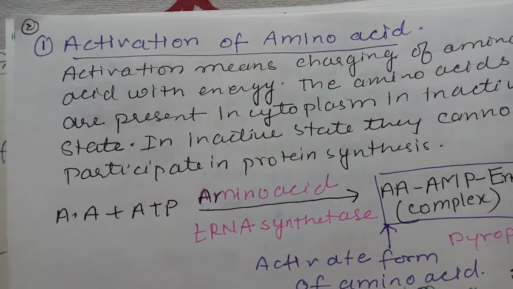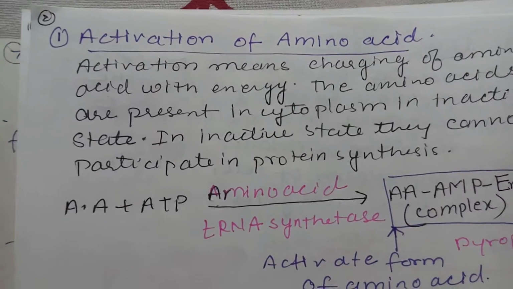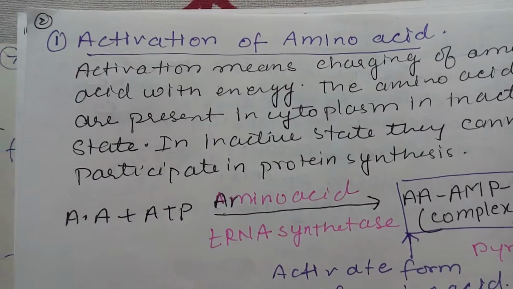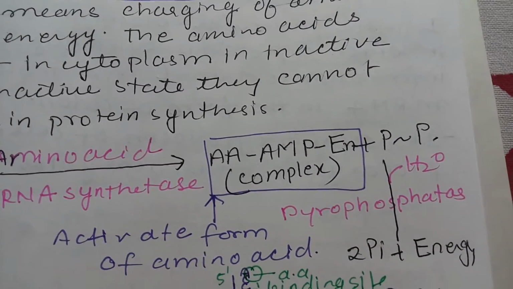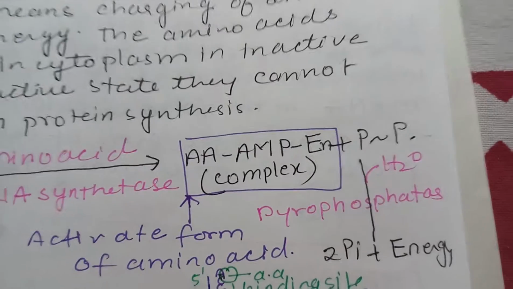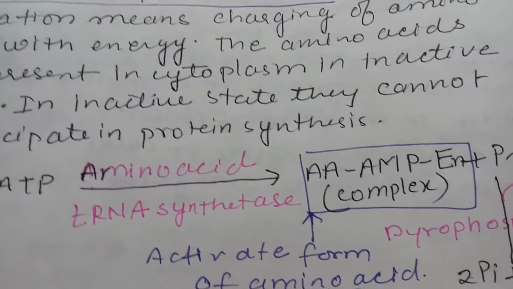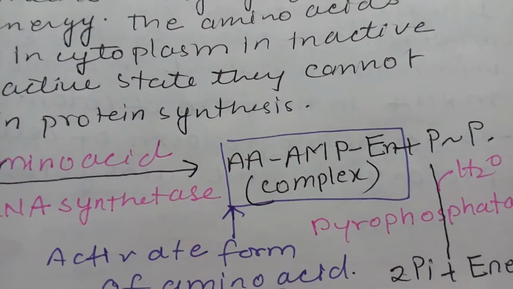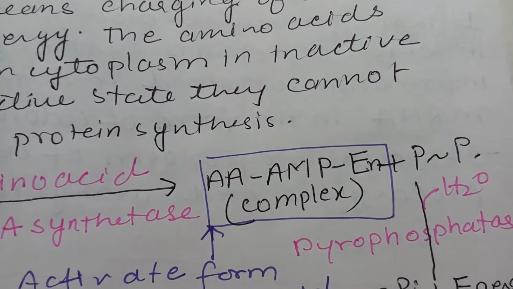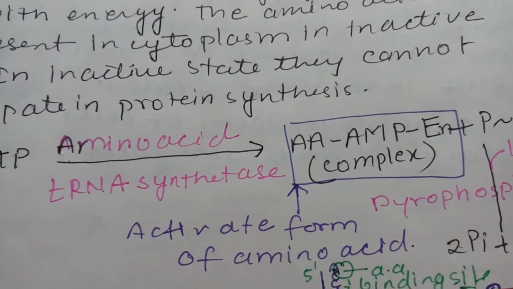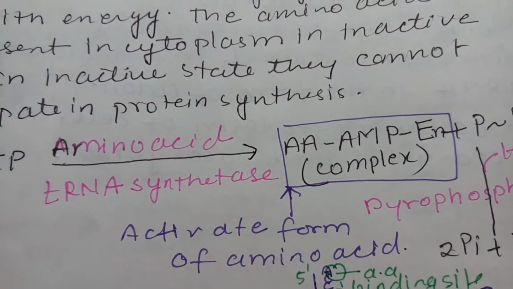Out of ATP, the AMP is linked to the amino acid, where pyrophosphate is set free, and this later on is hydrolyzed to provide the energy, whereas the amino acid links with AMP and enzyme to form a complex. This is called the activated form of amino acid.